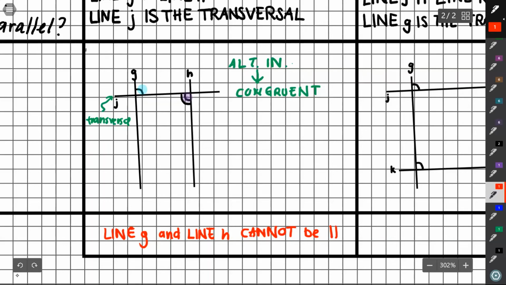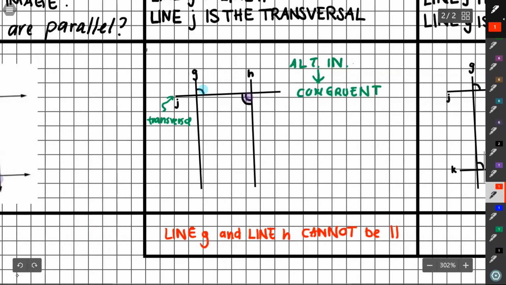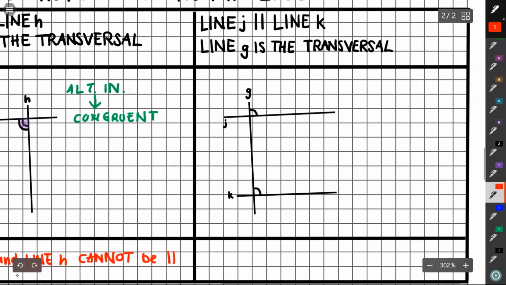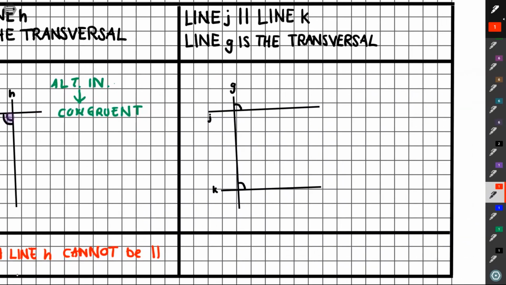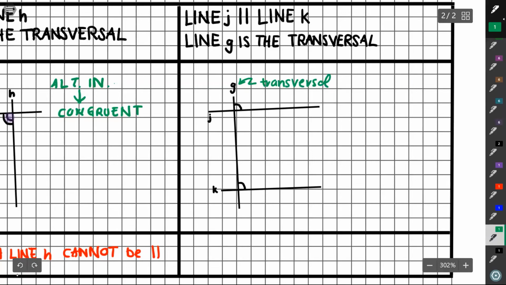All right, so we're going to try a different scenario now. In this example, line J is parallel to line K, and line G is my transversal. I have both of my blue angles, so now we have to figure out the relationship between them.